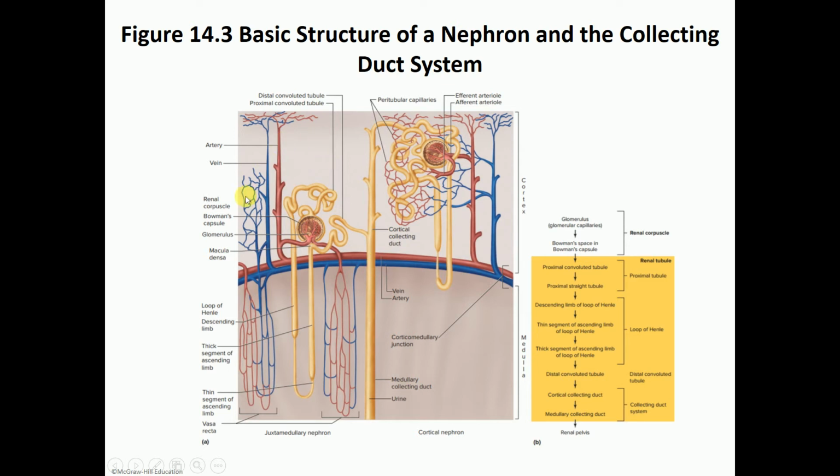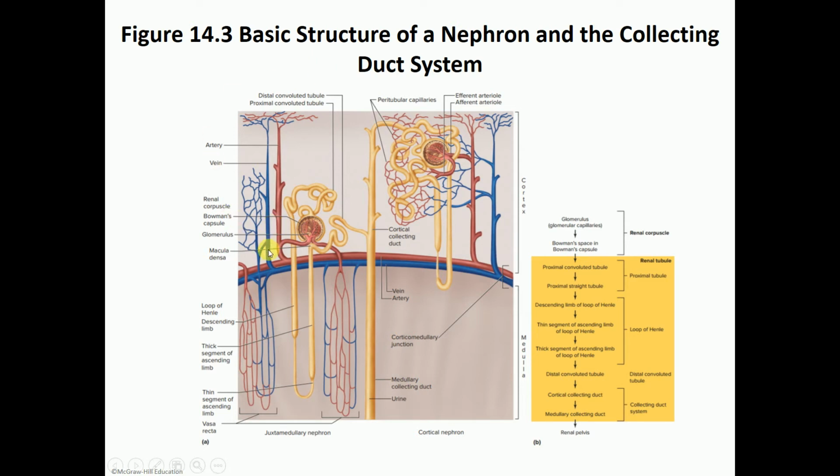If you look at this nephron, it is at the junction between the cortex of the kidney and the medulla of the kidney, and that's why they're known as the juxtamedullary nephron. Those make up about 15% of the nephrons, and these nephrons are the ones that are responsible for maintaining that renin-angiotensinogen mechanism.